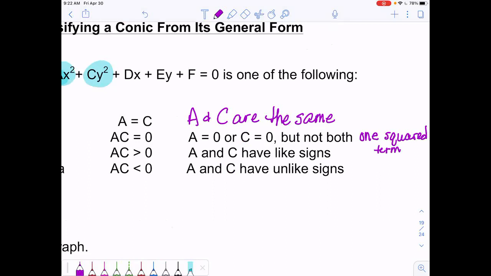That's what makes it a parabola, because in a parabola, it's just one side. It either goes up, down, left, or right, but there's not two of them. It's not connecting like a circle or an ellipse, or going in opposite directions. So a parabola has one squared term.